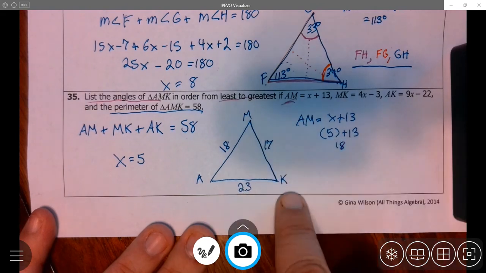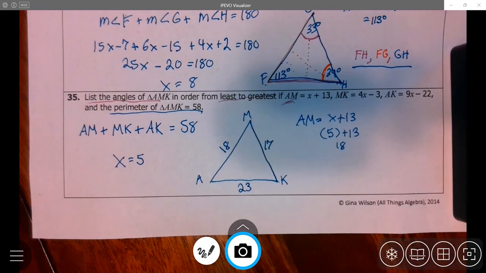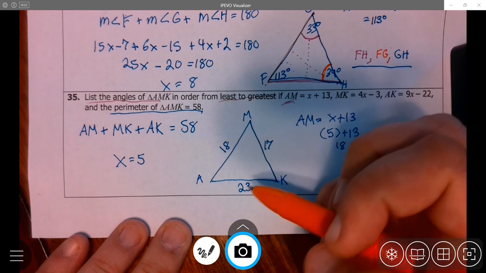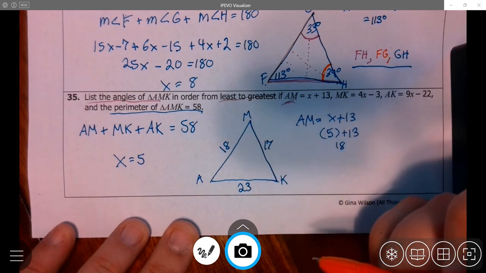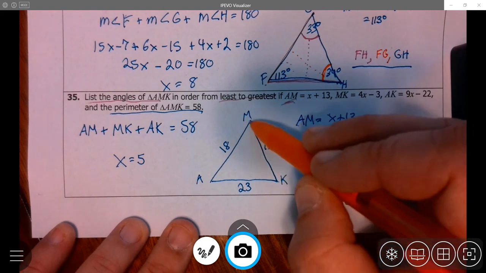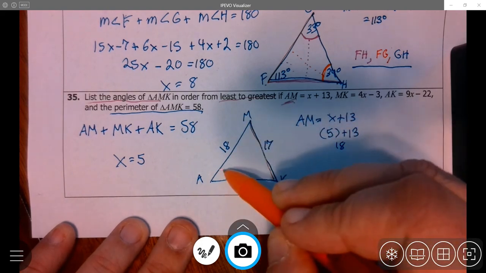So now that I know each of my side lengths, I can use the triangle angle side theorem, converse, to determine the measures of the angles, or the comparatively least to greatest ranking. So directly across from our shortest side has to be our smallest angle measure.